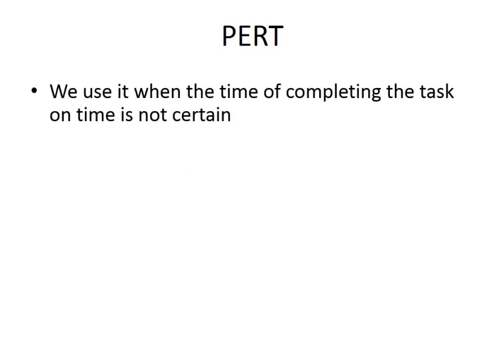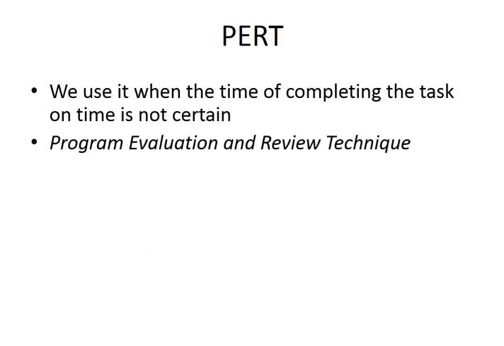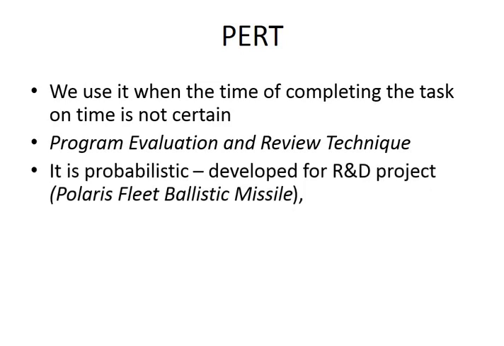So in case of PERT, we use this approach when we are not certain about the time of each task. The name comes from program evaluation and review technique, and it is probabilistic. And by the way, it was developed during the Cold War, and it is connected with the Polaris Fleet ballistic missile program, which was a way to use missiles going from the USA to, well, you know where and what to do there.